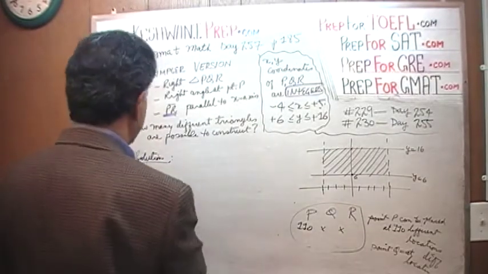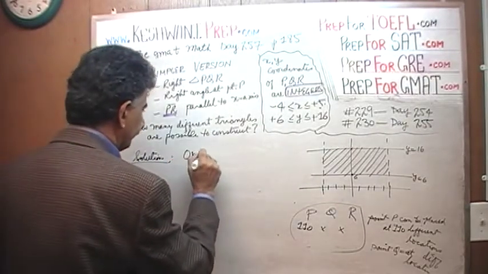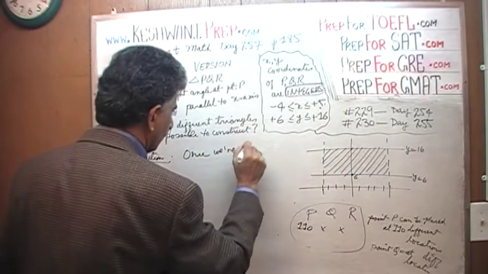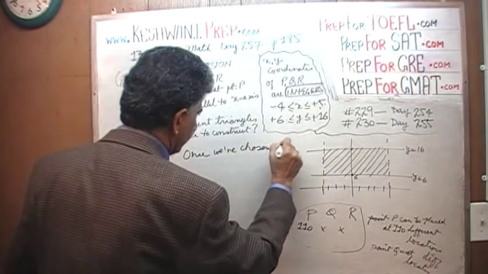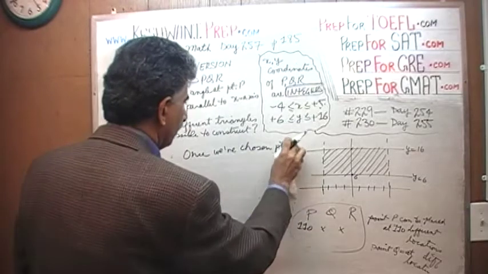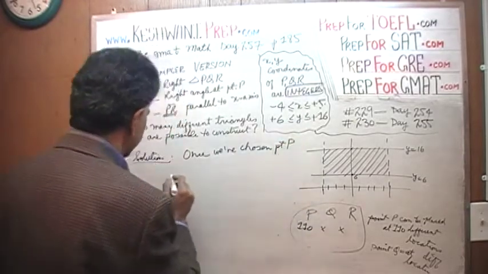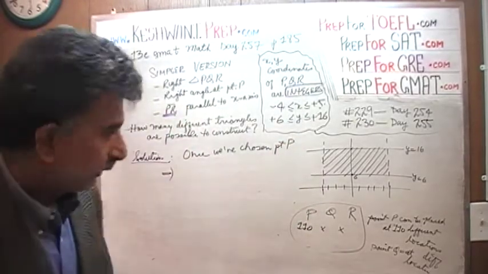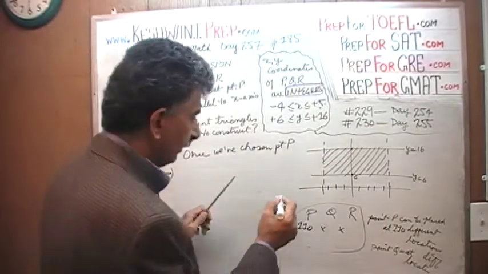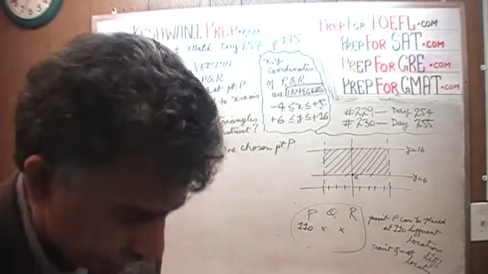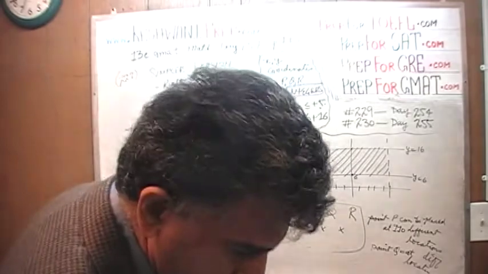Once we have chosen point P, for example, let me draw it here so you can see it. Let's choose a triangle.